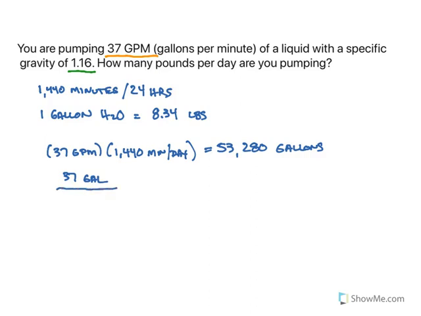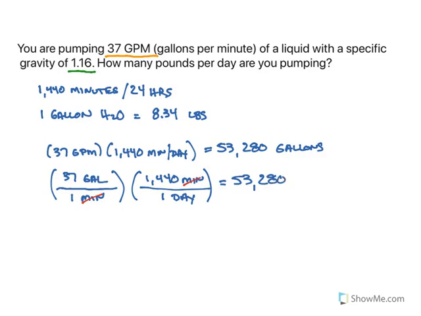So 37 gallons divided by, in this case, 1 minute times 1,440 minutes in 1 day, and our minutes cancel out, and that gives us our 53,280 gallons per day.